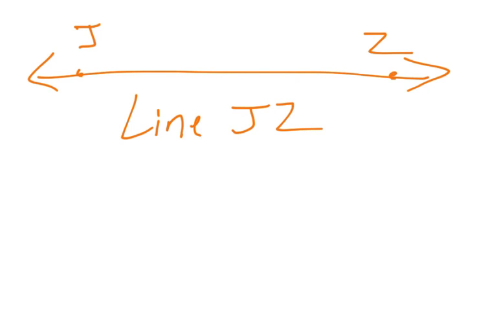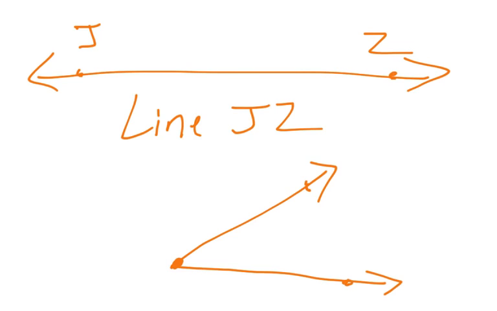Or if we had an angle like this, and we had a point here, a point here, and a point here, and we named this BAC, this will be angle BAC. And that is the end of our lesson on angles, rays, and line segments.